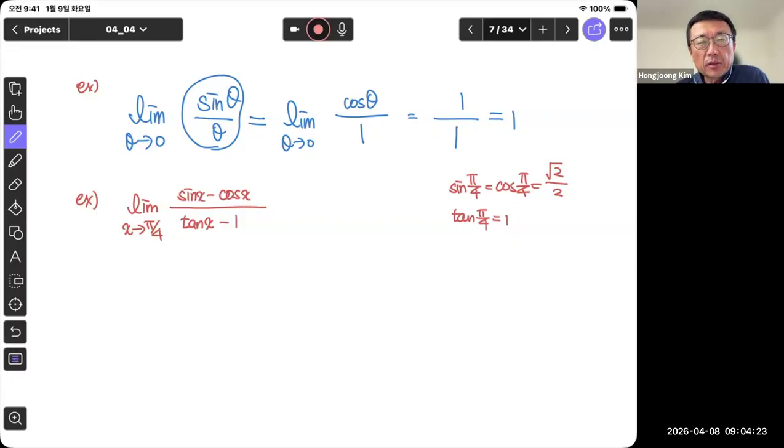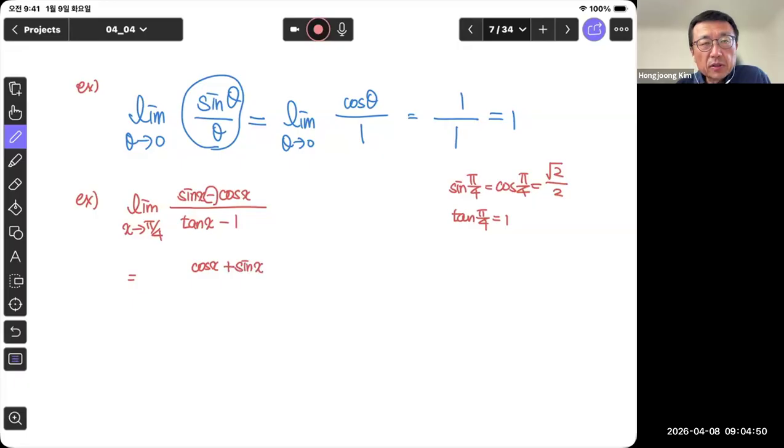So we can apply L'Hopital's rule. If I differentiate the numerator, what do I get? If I differentiate sine, you get cosine. And if I differentiate cosine, you get minus sine. Since I already have minus in front of cosine, we get plus sine x.